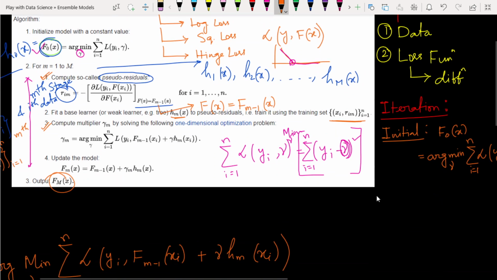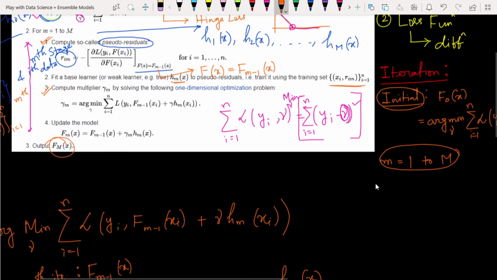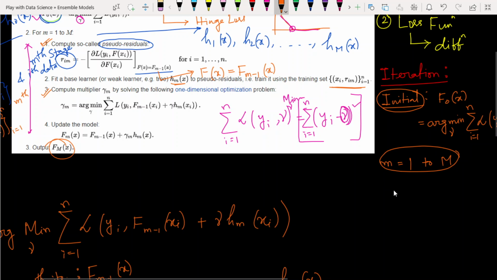After that we have to start the iterations from 1 up to capital M. This is the first iterative stage. In this iterative stage we divide the iteration into subcomponents, so the subcomponents will look like this. In the substages we compute the pseudo residuals for each iteration. So first we calculate the pseudo residuals r i m.